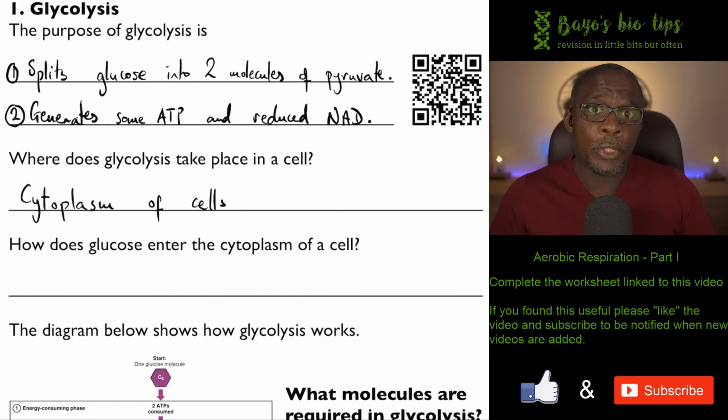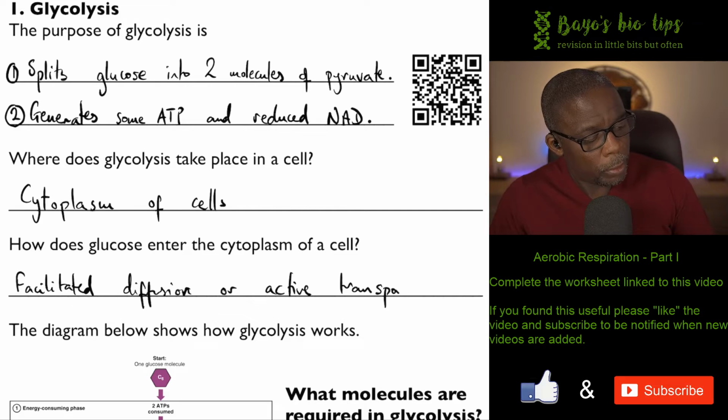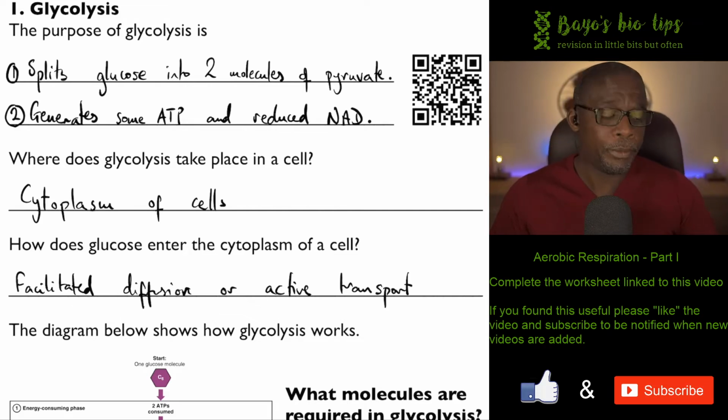Usually it happens either by facilitated diffusion or by active transport, depending on the cell type.